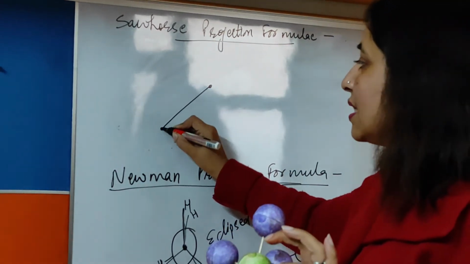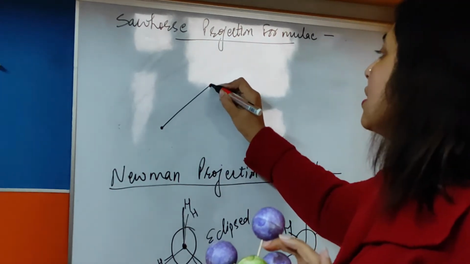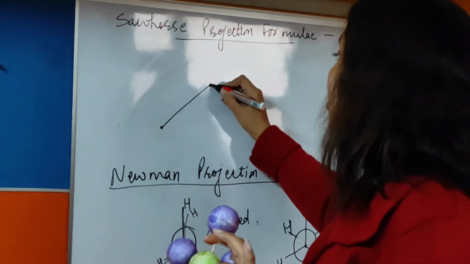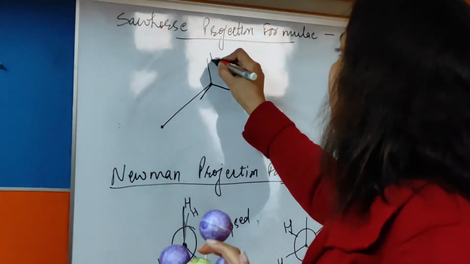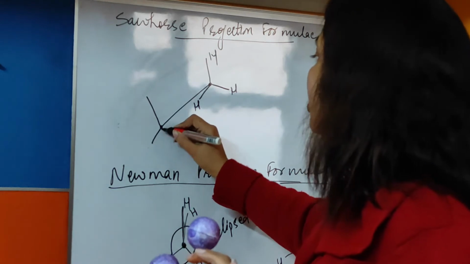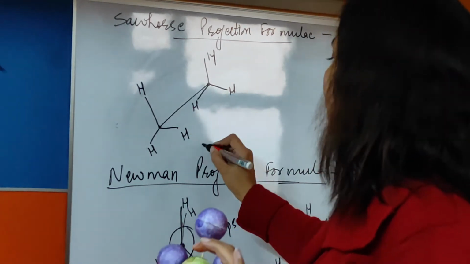The carbon which is at the bottom is towards you. The carbon which is at the top is towards me. Right? Now how are the hydrogens present? They are present in this way. H, H, H. Here also H, H, H. So all of them are in alignment.